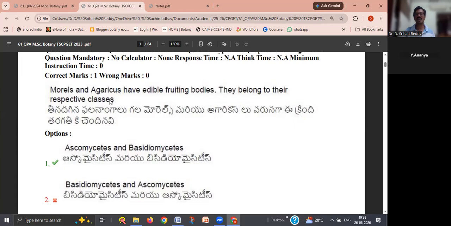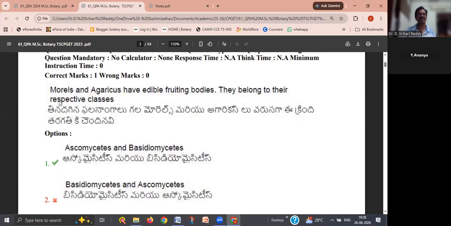These are also called mushrooms. Okay, mushrooms belong to various classes. Morels belong to Ascomycetes, and Agaricus bisporus, okay, we also call as button mushroom, Agaricus bisporus.